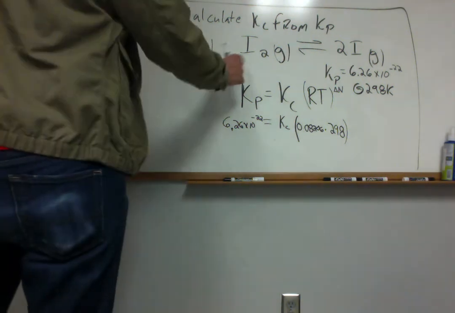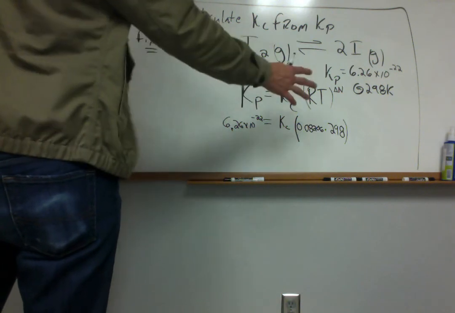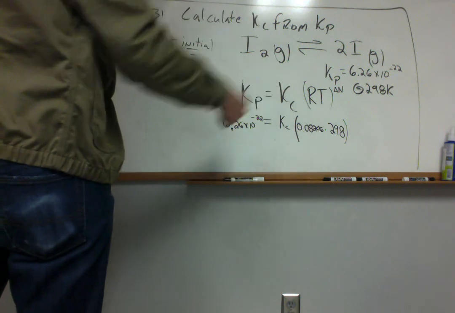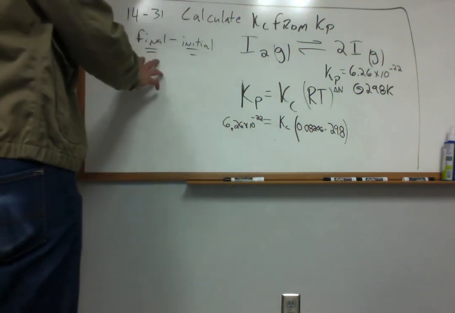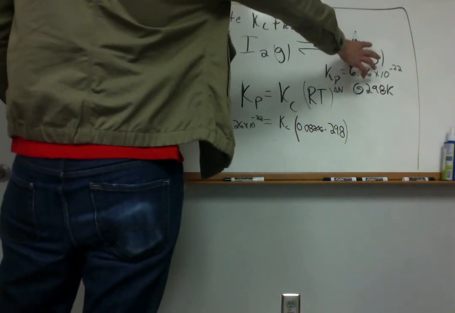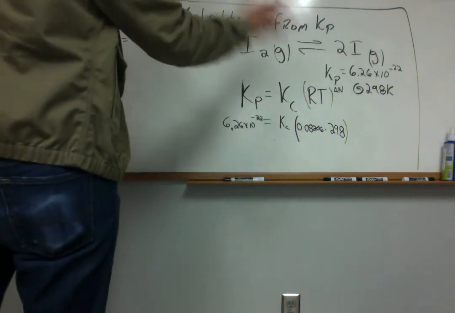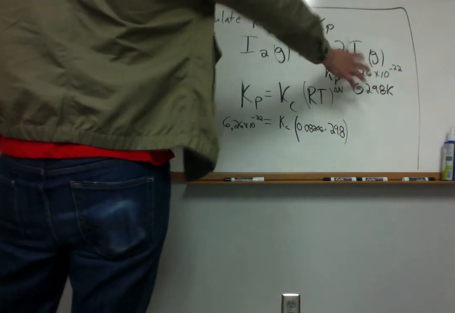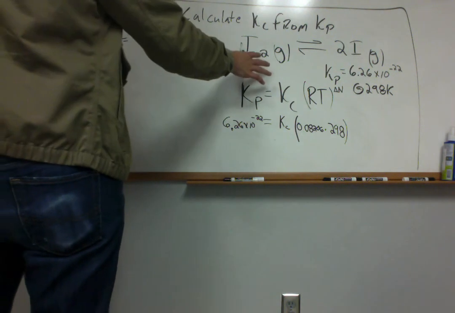Well, if we were to add up all the number of moles of gas on either side of our arrow, that represents the total number of moles in each condition, okay? So if I'm doing final minus initial, I need to add up the total number of moles of my products and subtract the total number of gaseous moles of reactants. So total number of gaseous moles of products minus total number of gaseous moles of reactants.